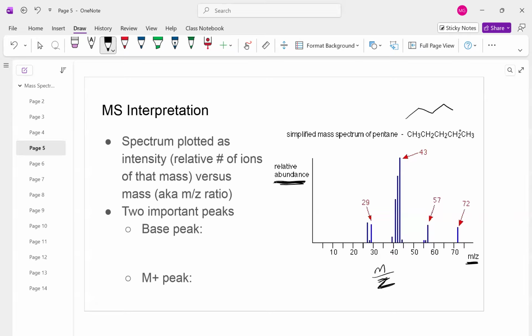Now, there are two typically important peaks. Not that the other ones don't matter, but these are the ones that we typically look at first, and then we'll look at some of the other prevalent peaks if it's important. The one you should be able to recognize right off the bat is the base peak. The base peak is the peak with the highest abundance.